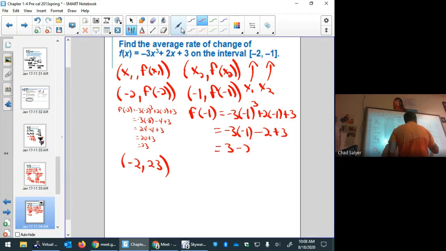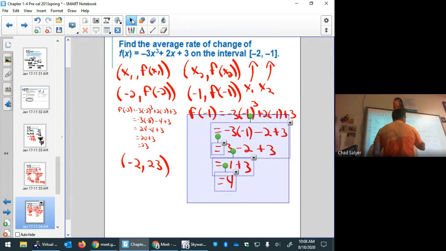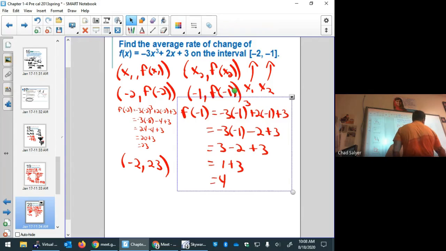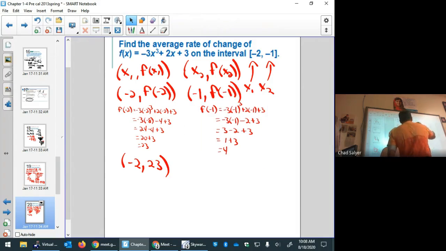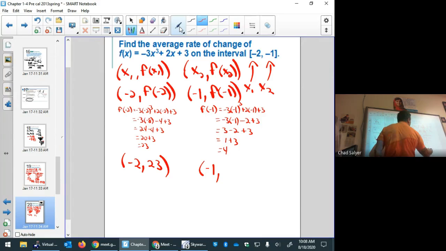So that's 3 minus 2 plus 3. So that's 1 plus 3, or 4. So this point is going to be -1, 4.